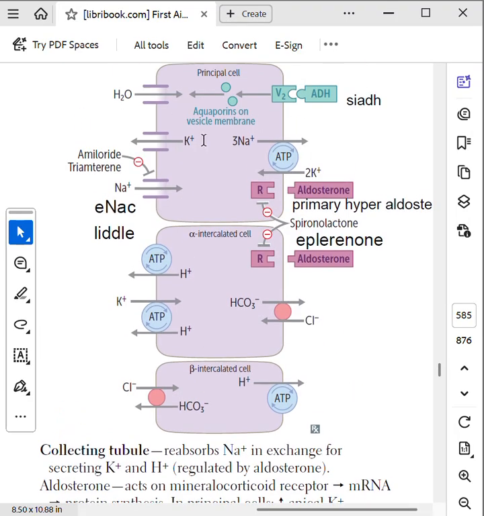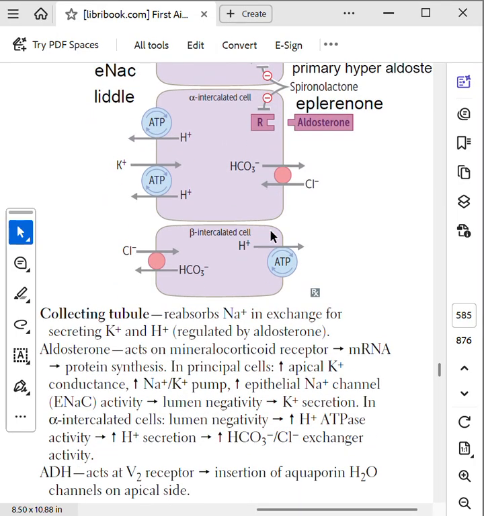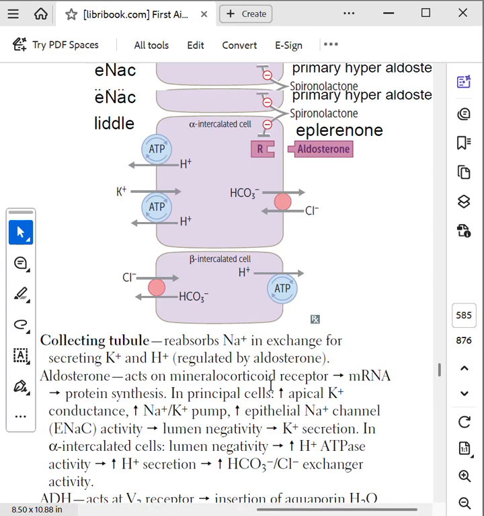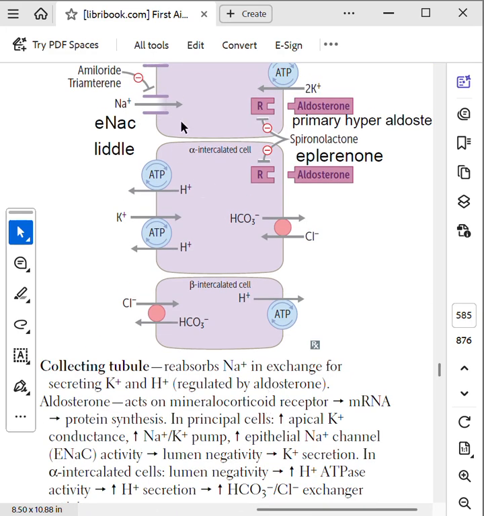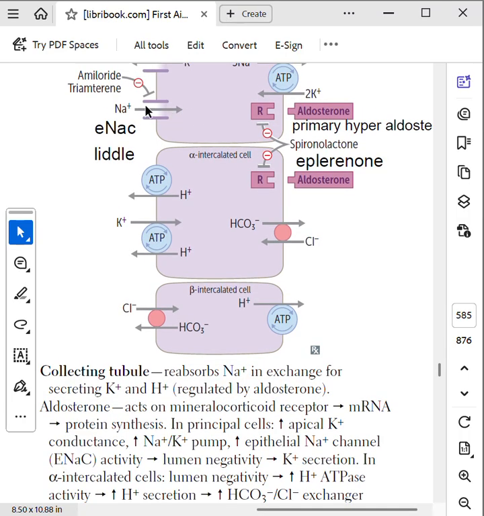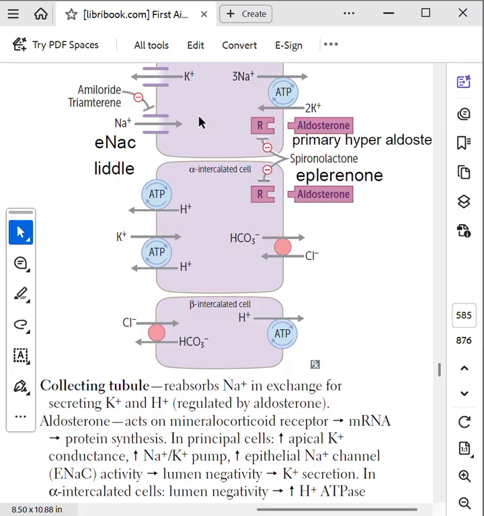When this conductance is increased, another thing happens: the epithelial sodium channel gets activated, and that causes lumen negativity. So potassium is then secreted.